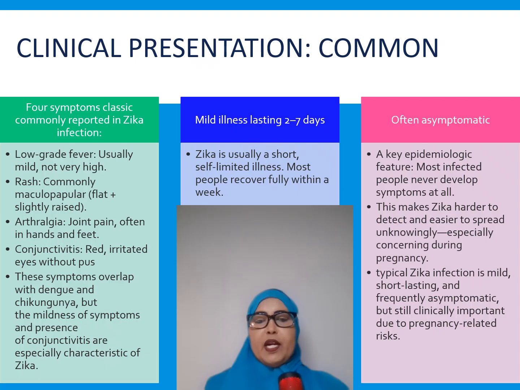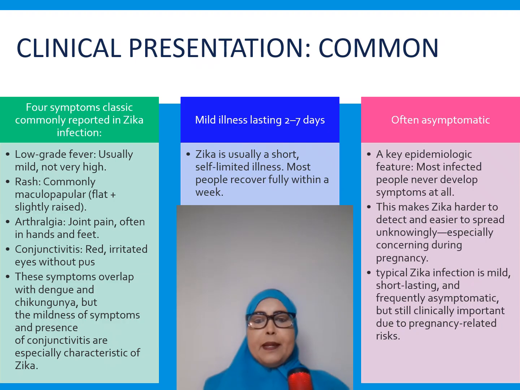Most people recover fully within a week, but it has all that other risk for the children. It is often asymptomatic, so maybe the mother, the pregnant woman, or anybody else doesn't know she has it. However, it has a long-term effect.